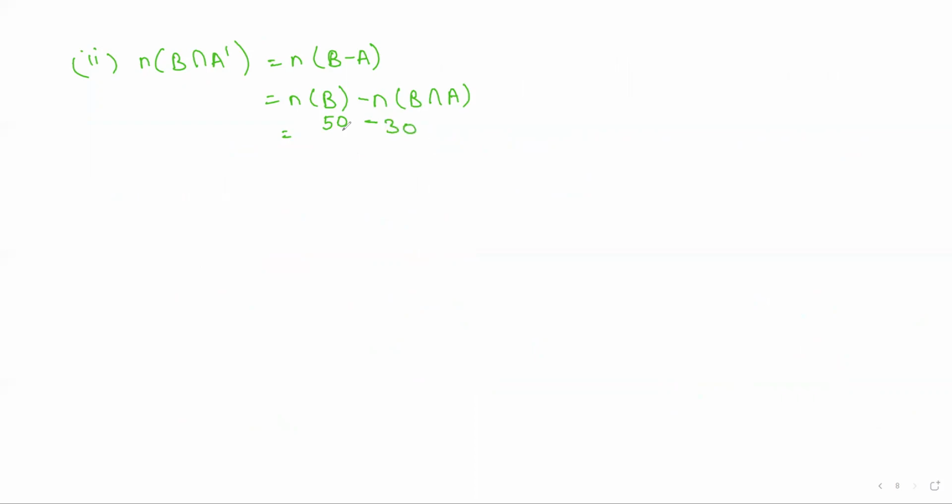So N of B intersection A is equal to N of A intersection B, which is equal to 30, given. This is equal to 20. So there are 20 individuals who are exposed to C2 but not C1.